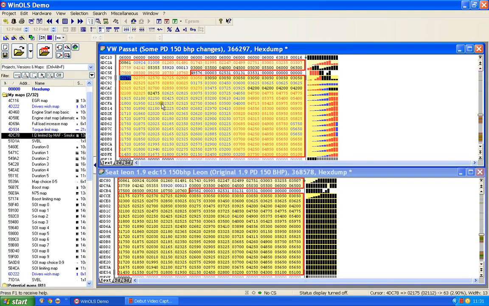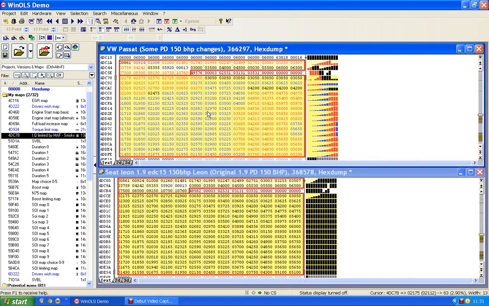So this MAF map will allow us to fuel up to 60 milligrams. The torque limiter is not going to allow that, so that's going to restrict it back to maybe 56, 57. But that's still considerably higher than the 50, 52, that we had before on the original 130. So maybe this would be a significant change.